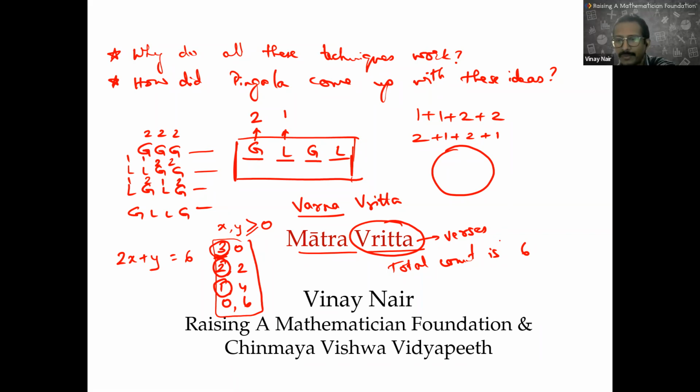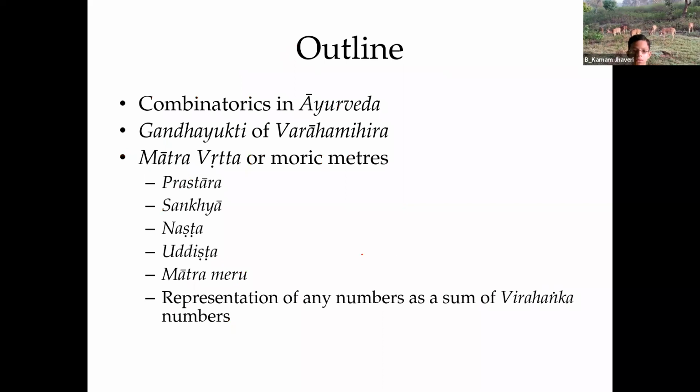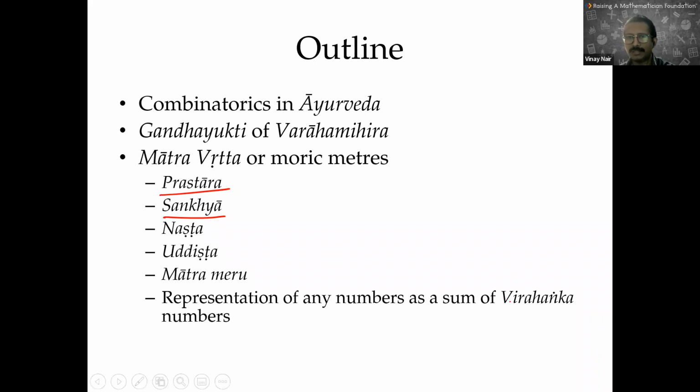All right. Okay. So naturally, the next questions are, can we have a prastara, a rule for listing this down? Can we have the sankhya, a process to find how many possibilities exist? Can we have a procedure for nashta? That is, we have made the prastara, right?